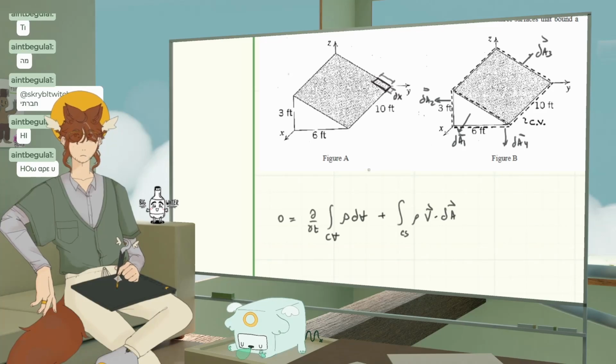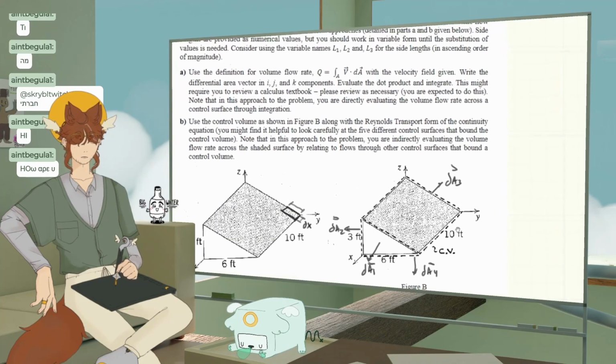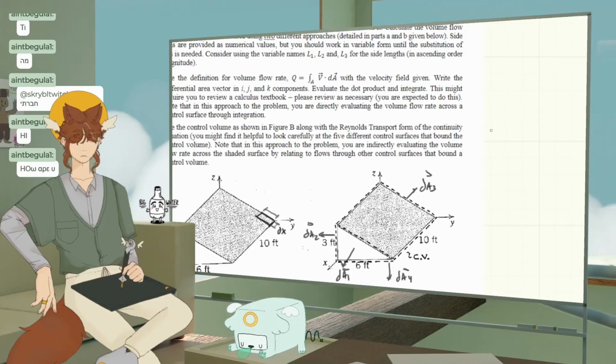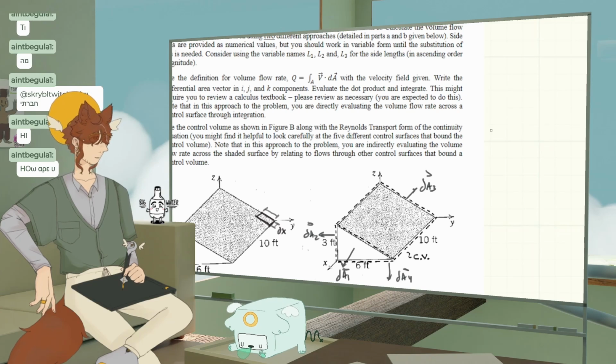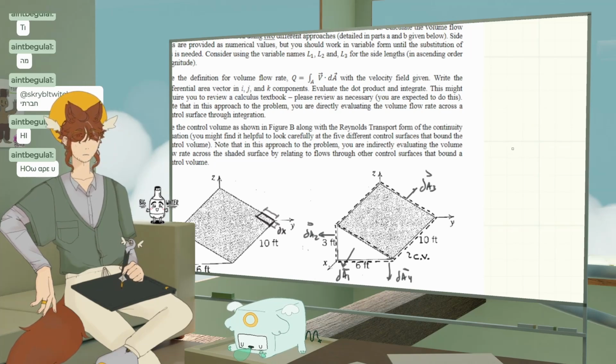Cool. So in our assumptions, what does it say? Calculate the volume flow rate. We're just given a flow. I think we can assume incompressible. We're not really given any values, but I think we can assume the Mach number is going to be low enough that it's incompressible.